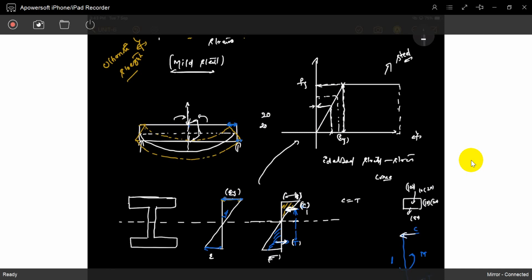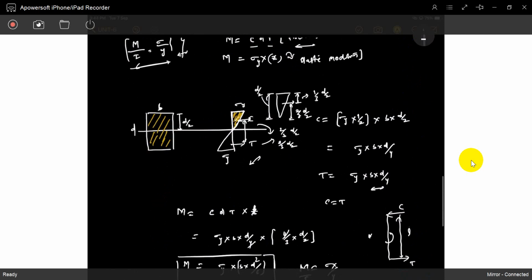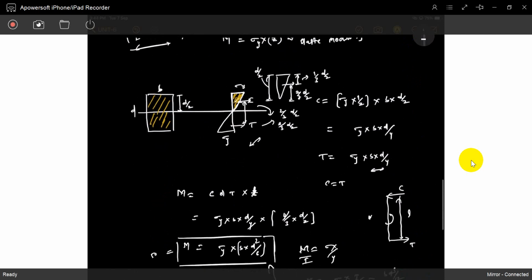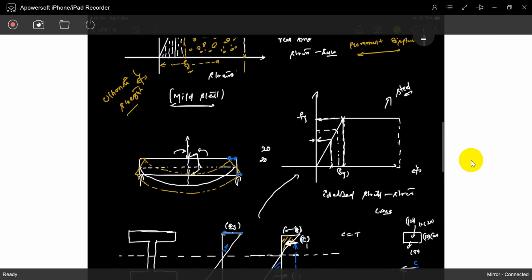Then you get the carrying capacity of the section and find out the moment carrying capacity. Say you take it as 50. If you apply a 50 moment here, it reaches the maximum value. If you apply 60, we take it as failure.